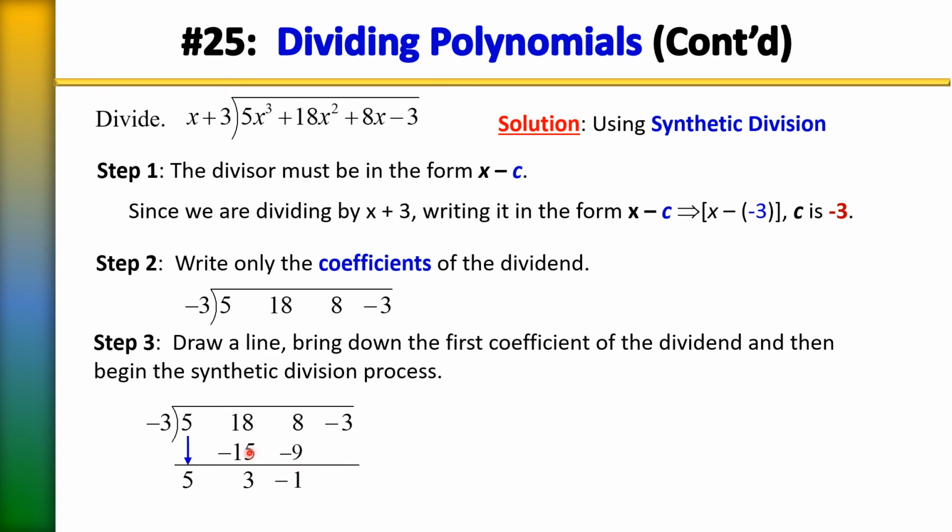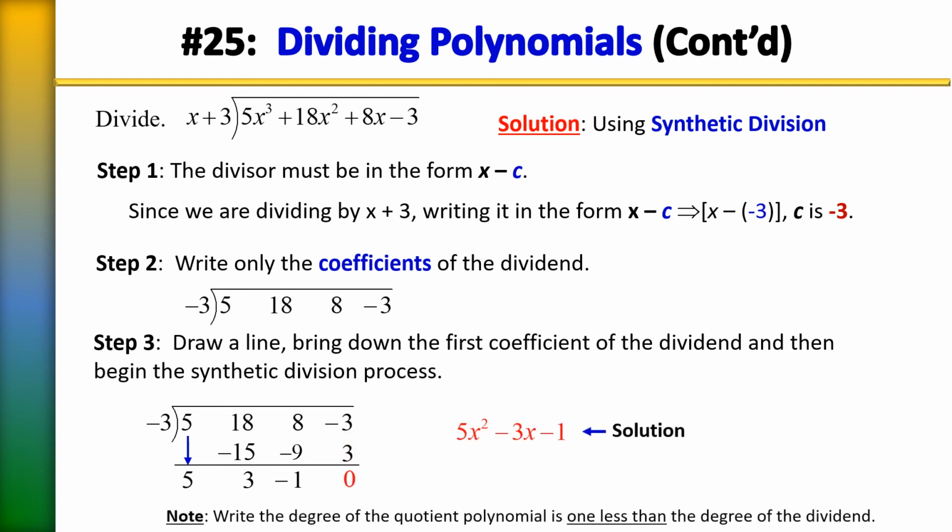Negative 1 times negative 3 equals positive 3. Negative 3 combined with a positive 3 equals 0. There's your remainder, and you have solved it using the synthetic division process.